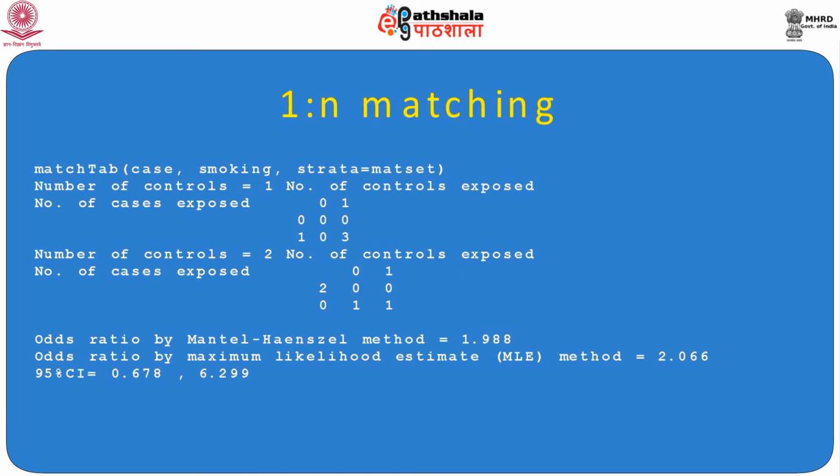So this generic function matchTab can be used for 1:2 in any terms, but again it should be noted that we should not go for more than n equals 6. The results can also be obtained for n up to 6 here.